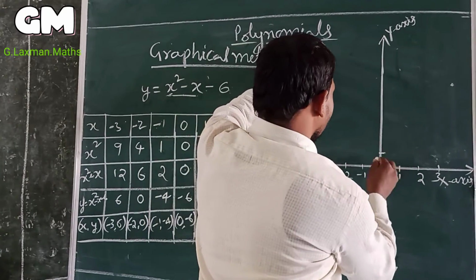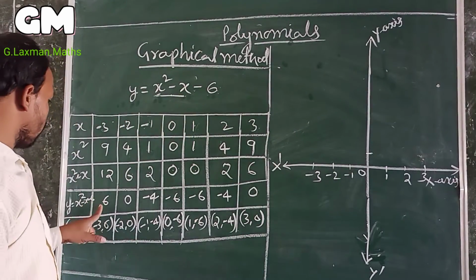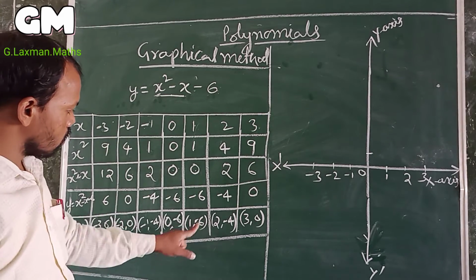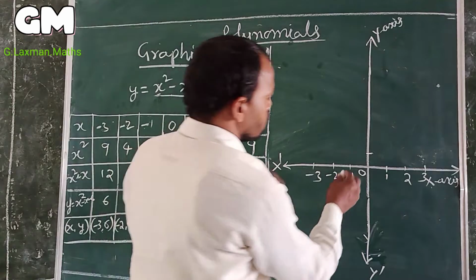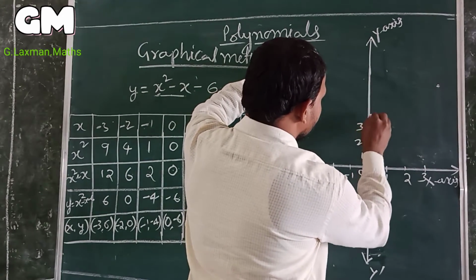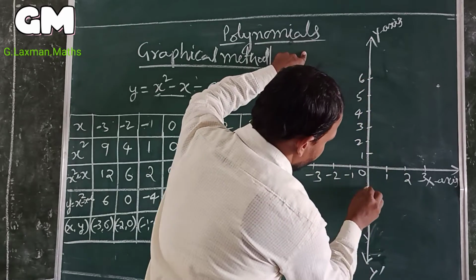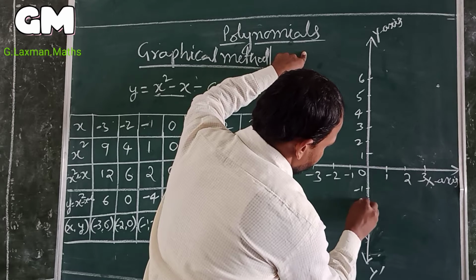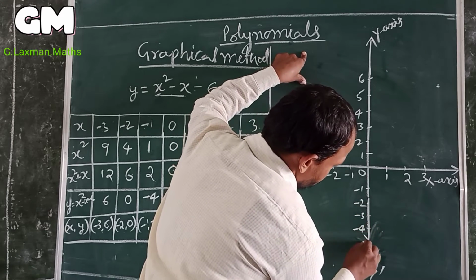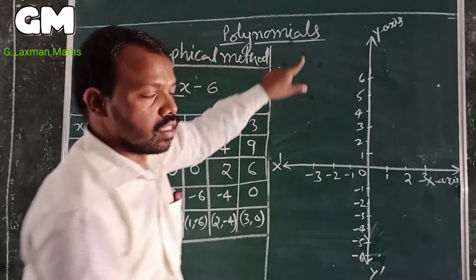The maximum y value is positive 6, so up to 6 we take 1, 2, 3, 4, 5 and 6, and the negative values are minus 1 to minus 6.